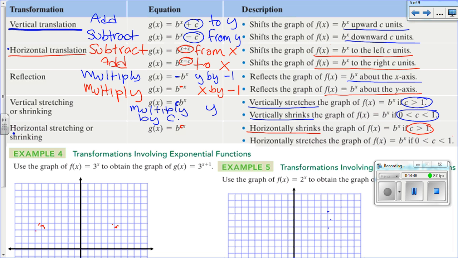And if the constant is less than 1, but greater than 0, Gabriel, tell me a constant that is less than 1 but greater than 0. 1/2. Very good. So if that happens, the graph will be stretching horizontally. The reason it is counterintuitive is because you divide instead of multiply. We divide x, by the way.